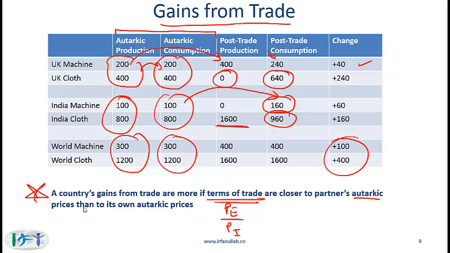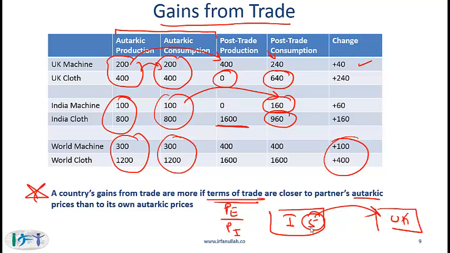We've already talked about this concept of autarkic prices. To understand this, think about India and the UK. India is exporting clothes. If the average price of clothes in India is say 5 rupees, and the same clothes can be exported to the UK and the price of clothes here is £5, which is substantially more than the price in India, then obviously India will benefit a lot when it trades with the UK.